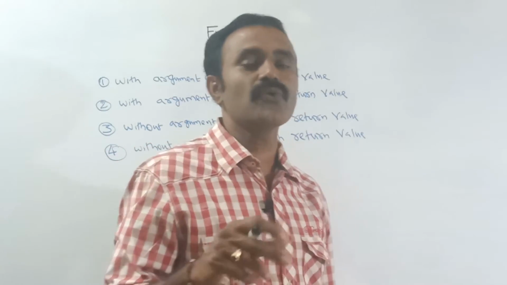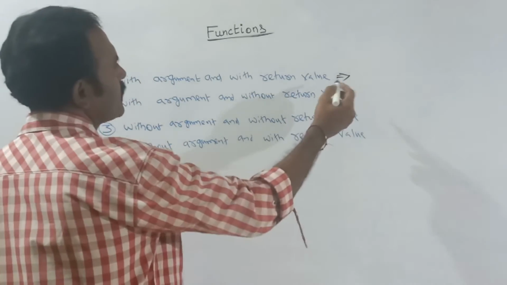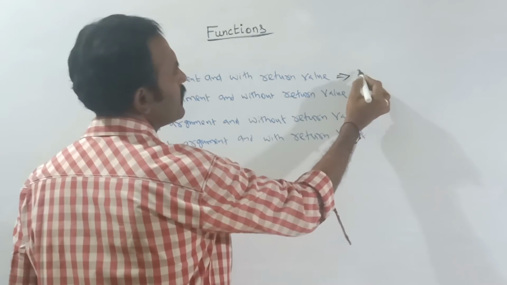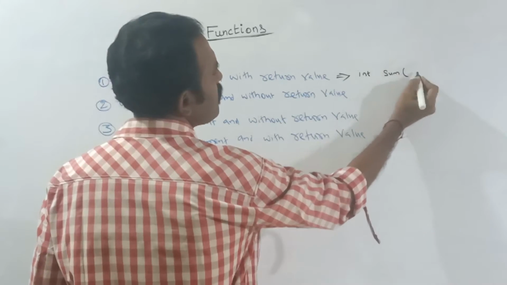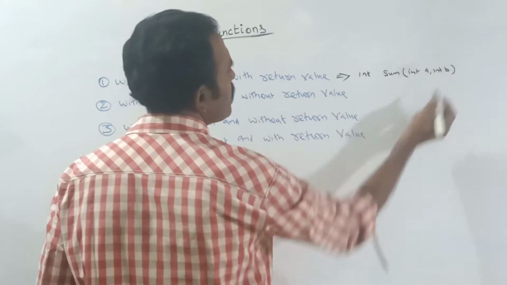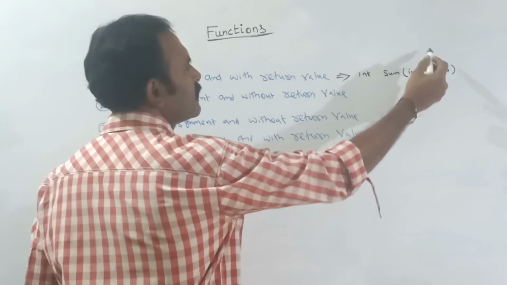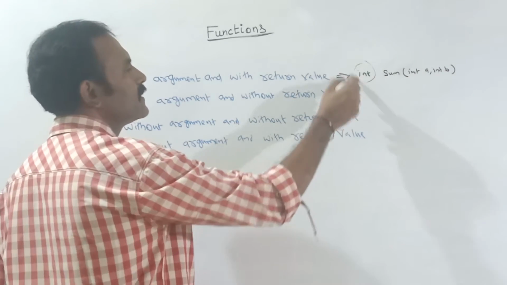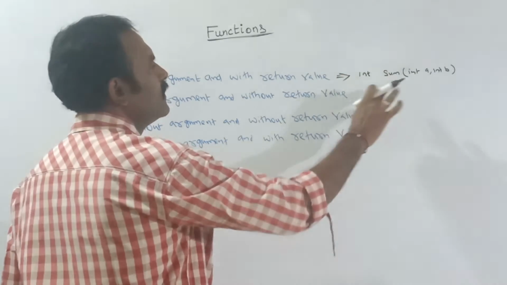For example, let us assume the function name is sum, with integer a, comma, integer b. This sum function has two arguments. After passing the two arguments, they will be added and it returns the value of integer data type after summing. This is the example for with return value and with argument list.